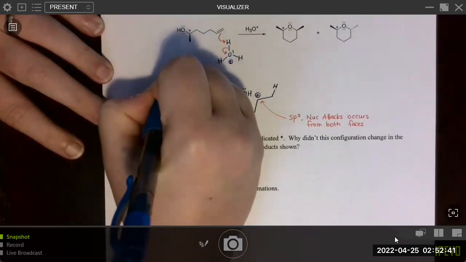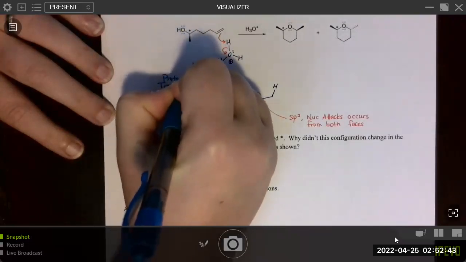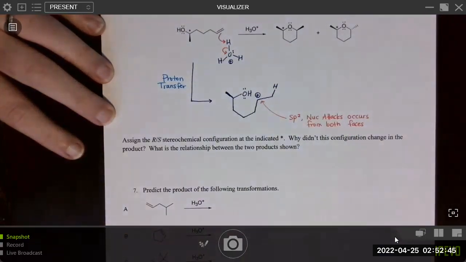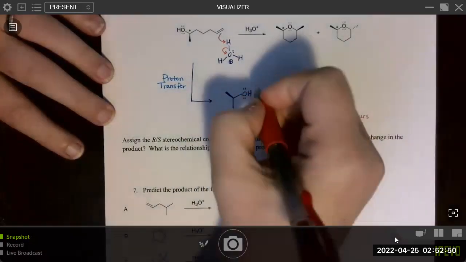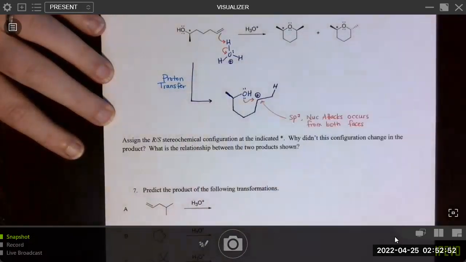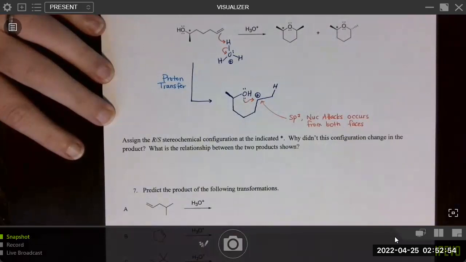Forgot to label this, so I'll go ahead and write in proton transfer. And then remember that the next step is nucleophilic attack if there will not be a rearrangement.